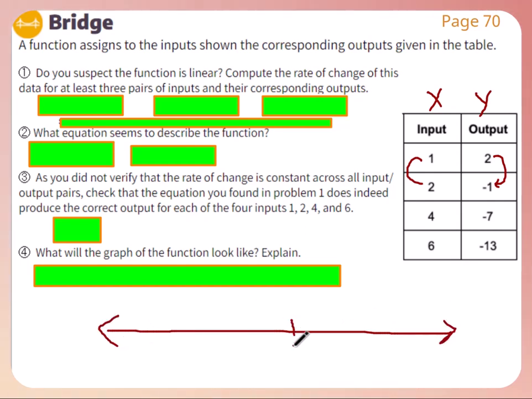Here's 0, 1, 2, and then from 0 we're going to go to the left, to negative 1, negative 2, and so forth. We can add on more points if we need to, but I'm just trying to see what happens to get from 2 to negative 1. So I'm going in reverse, 1, 2, 3. So it looks like I'm subtracting 3.